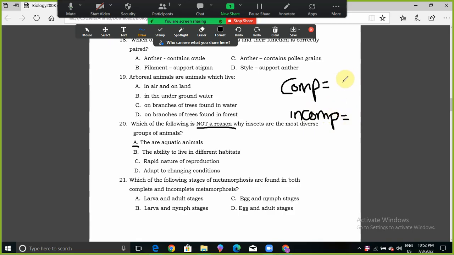First of all, complete metamorphosis has egg, larva, pupa, and adult.